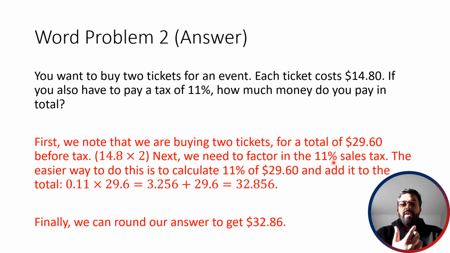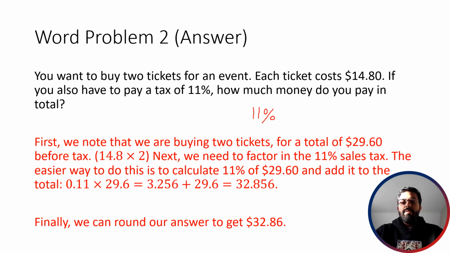Now, there are 2 ways to do it. The easier way, in the sense that you're less likely to make a mistake, is to figure out what 11% of this number is, and then add it on to this total. So you figure out what 11% of 29.60 is, and then add that on to 29.60 to get your final answer. The other option, for those of you that are curious, is that if your sales tax is 11%, you can save yourself the second step.